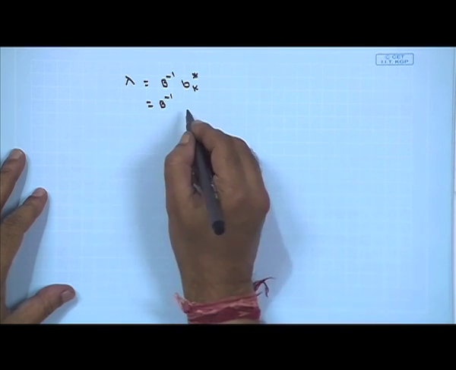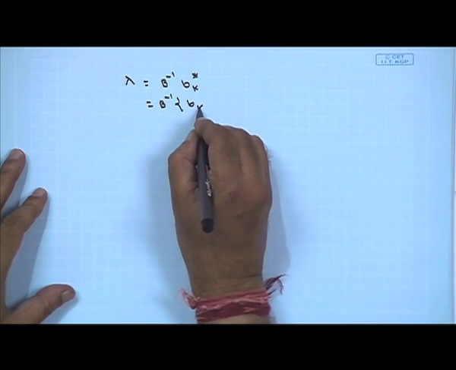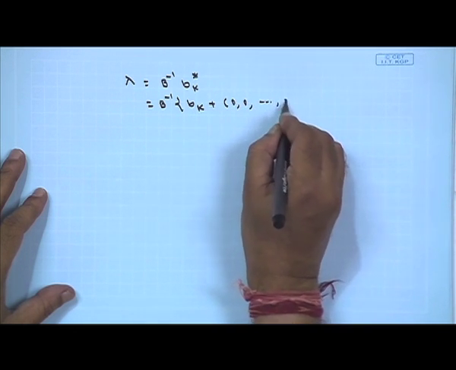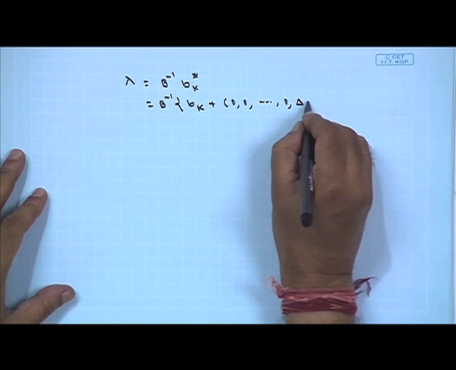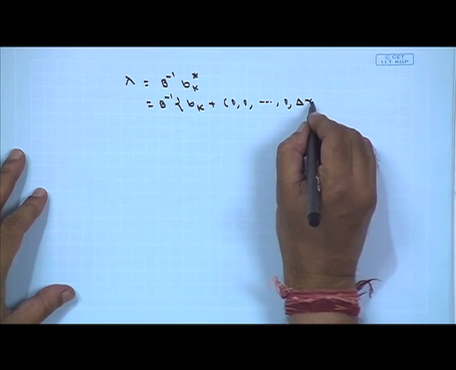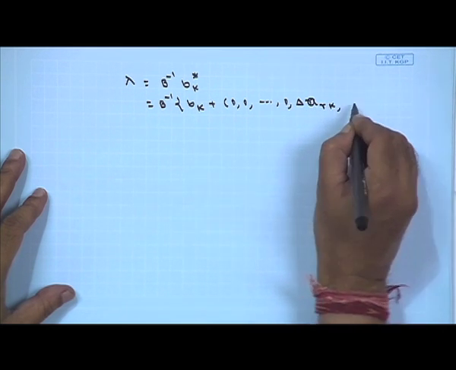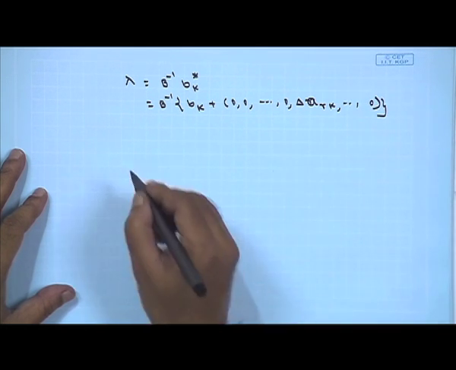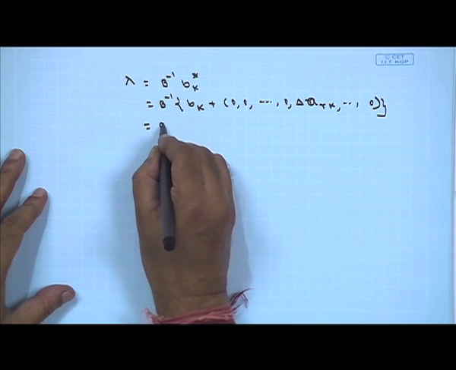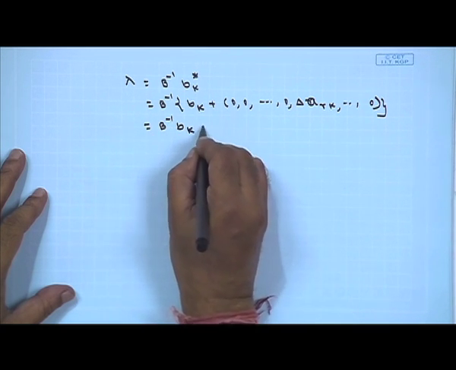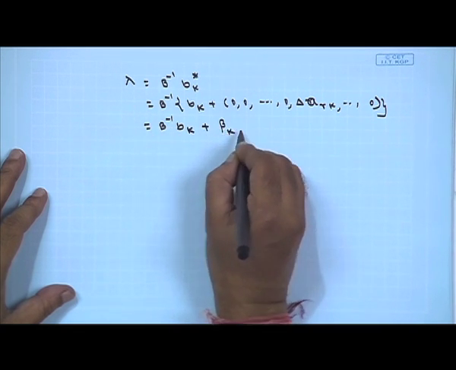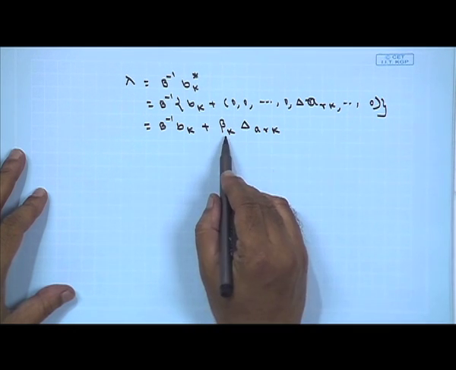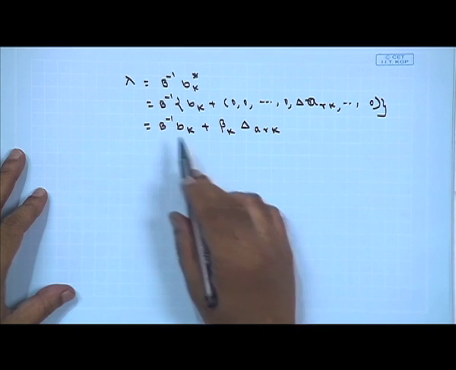B k star I can write as B k plus this vector, in the kth place it will be delta A r k, like that way it is going to 0. So, it is nothing but B inverse B k plus beta k into delta A r k, where again beta k is the kth column vector of B inverse.